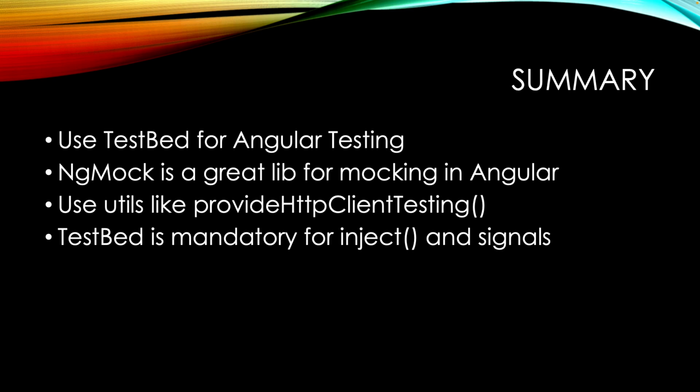Use Angular's built-in testing utilities for HttpClient. Use provideHttpClient and provideHttpClientTesting. At the end, I recommend migrating to TestBed and avoiding the new operator in tests. TestBed is mandatory if you use inject function or signals. Add this to your backlog if you haven't already.